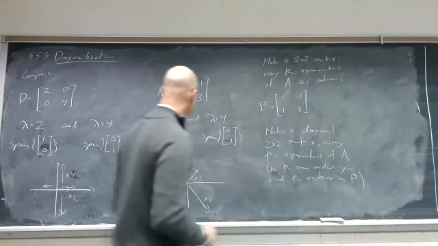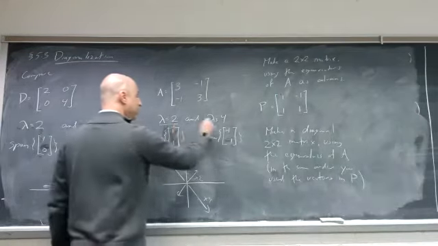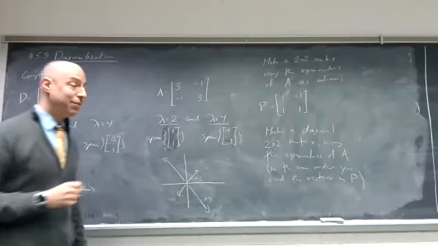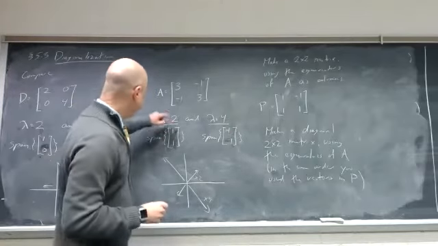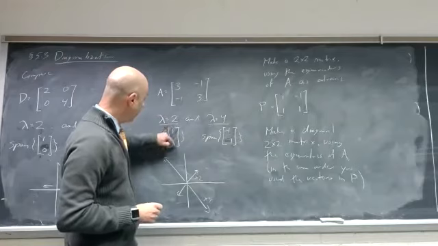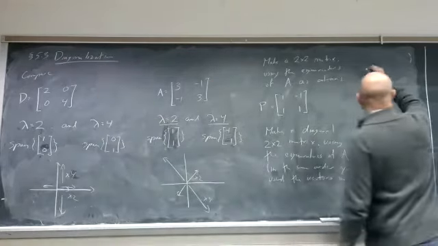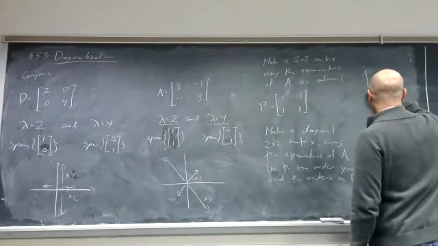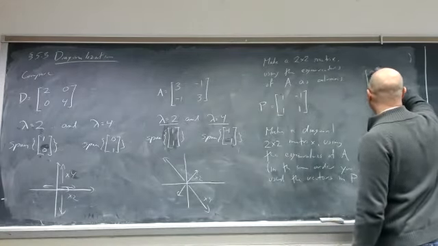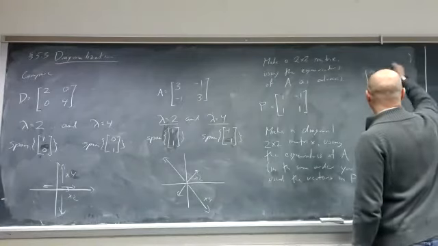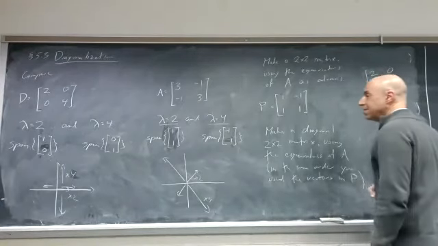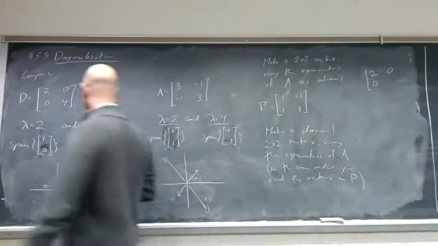So let me show you what I mean. We have two eigenvalues, 2 and 4. Those are going to be my diagonal elements. Since the first column in P went with lambda equals 2, I'm going to make my first diagonal entry 2. Of course, if this is a diagonal matrix, the off-diagonal elements are all 0.